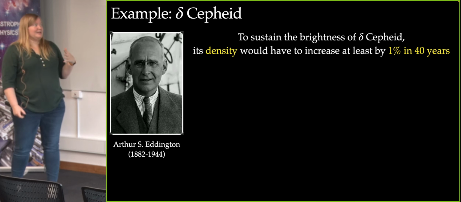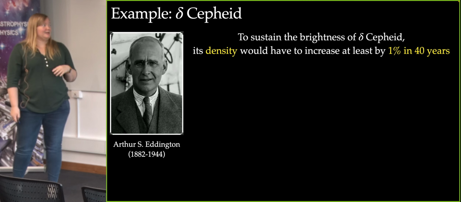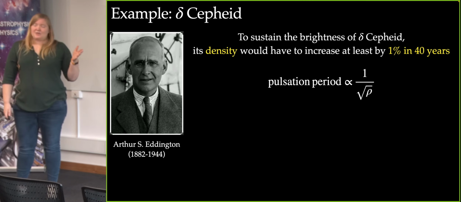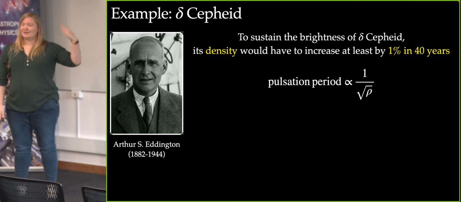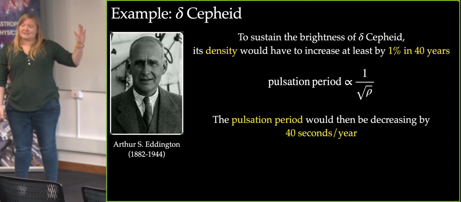All right? So that's to explain the luminosity caused by contraction. What was known was the pulsation period is a function of the density of the star. So this would correspond to the pulsation period having to decrease by about 40 seconds per year.